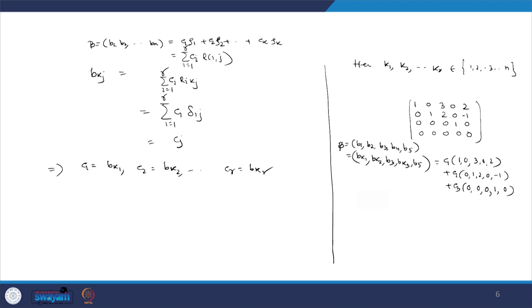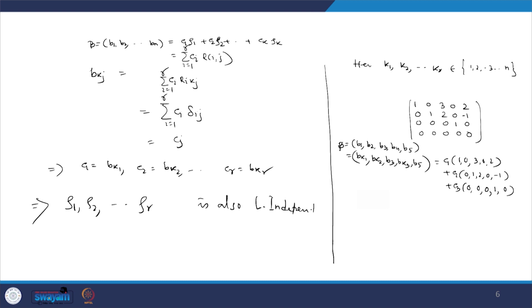So for any linear combination of rho 1, rho 2, ..., rho k, if you take any element beta belonging to that space, then I am getting b_k1 equal to c1, b_k2 equal to c2, and b_kr equal to c_r. So this implies rho 1, rho 2, ..., rho r are also linearly independent.